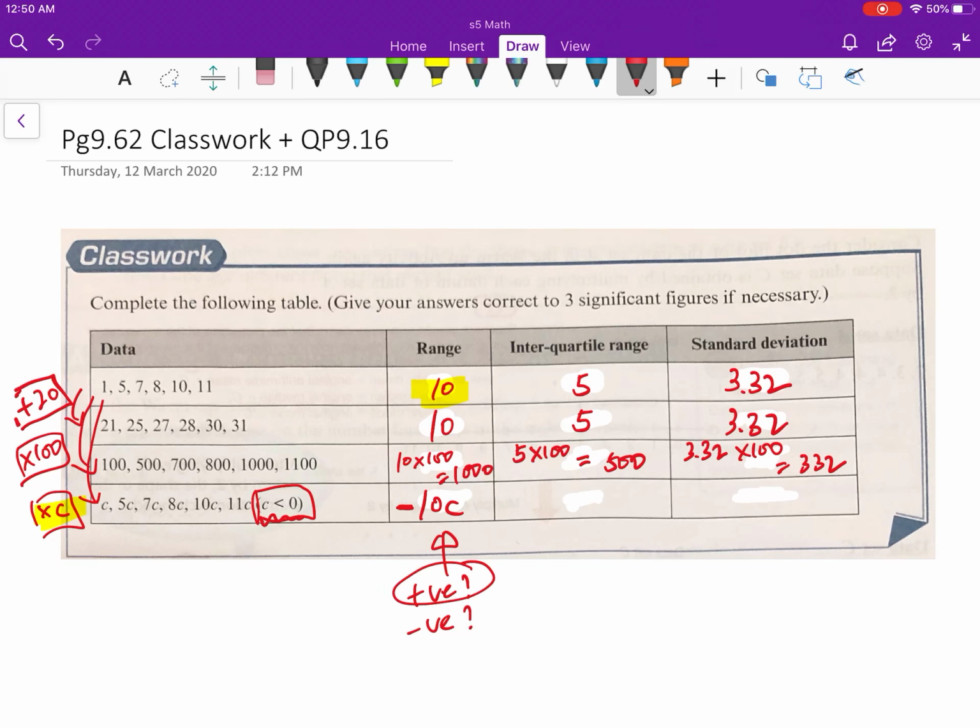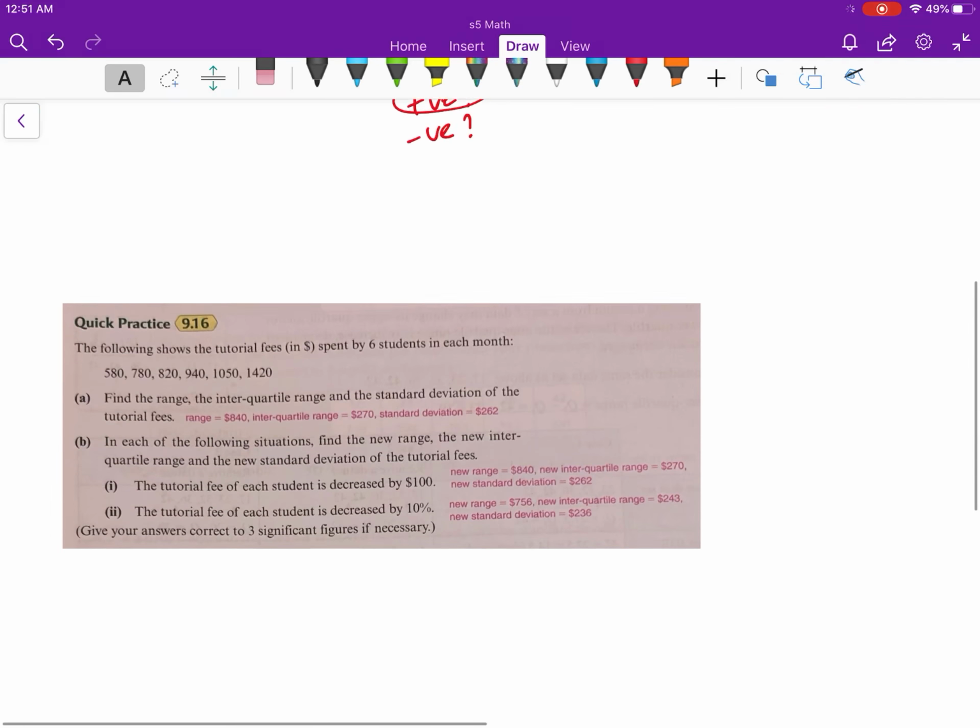In this situation, it's a negative number, right? So we want to have a positive number, then we have a negative here, to change it back to a positive number. So here, we multiply negative C to the first one, then you get this answer. So similarly, you get 5C, but you have negative, and 3.32C, but you have negative.